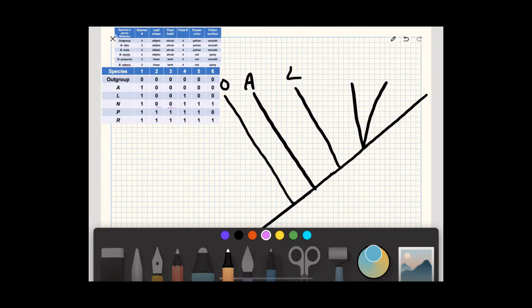Well, it looks like N also has two ancestral characteristics that are shared with A and L, and so it's likely that that one branched off before P or R, but it also has features in common with P and R that are not shared between A and L, and so it is probably going to be in a group with P and R as opposed to with L.